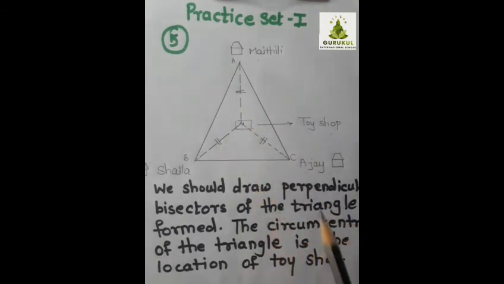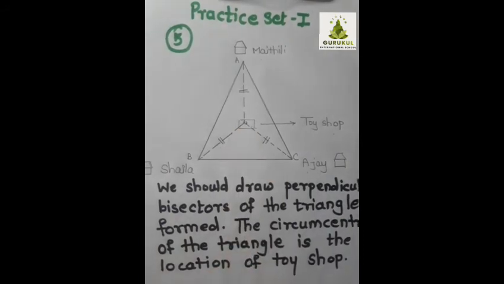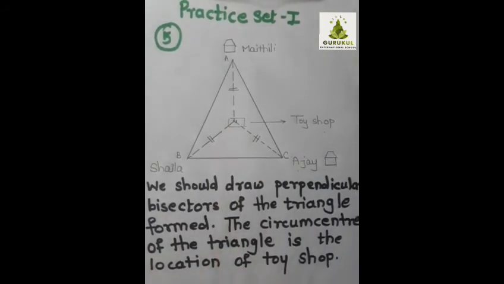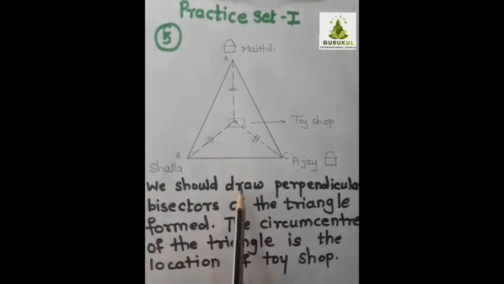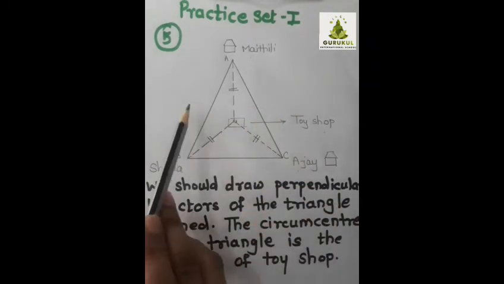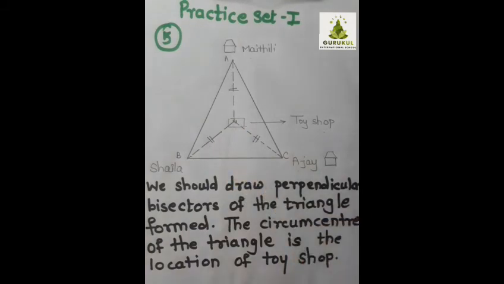Correct? Now to find this location, we have to recollect the construction which we have done, that is drawing the perpendicular bisector of the triangle. If you draw a rough triangle over here, and draw the perpendicular bisectors for this triangle, all these bisectors meet in one point, which we call the circumcenter.